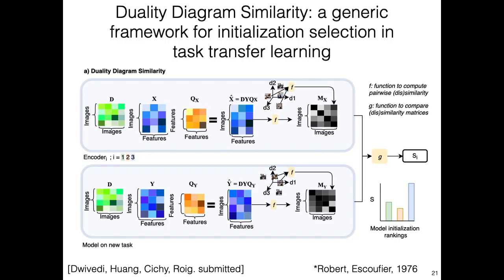Then the similarity between X and Y can be assessed by comparing the pattern of obtained maps, which is comparing the set of distances between all pairwise observations of both maps, which are images in our case. We compare them with a dissimilarity matrix M, built with a generic function F. And then the score is G, which can also be any similarity score function, to compare these dissimilarity matrices.